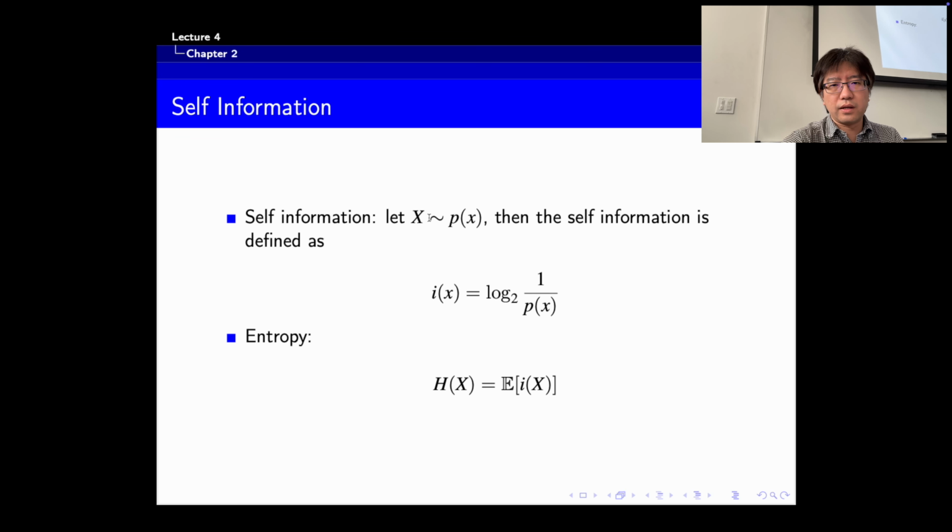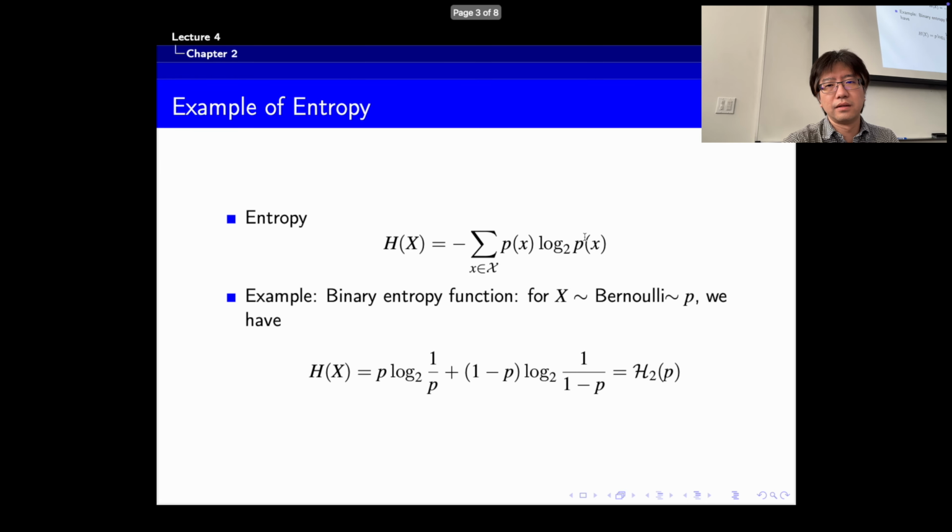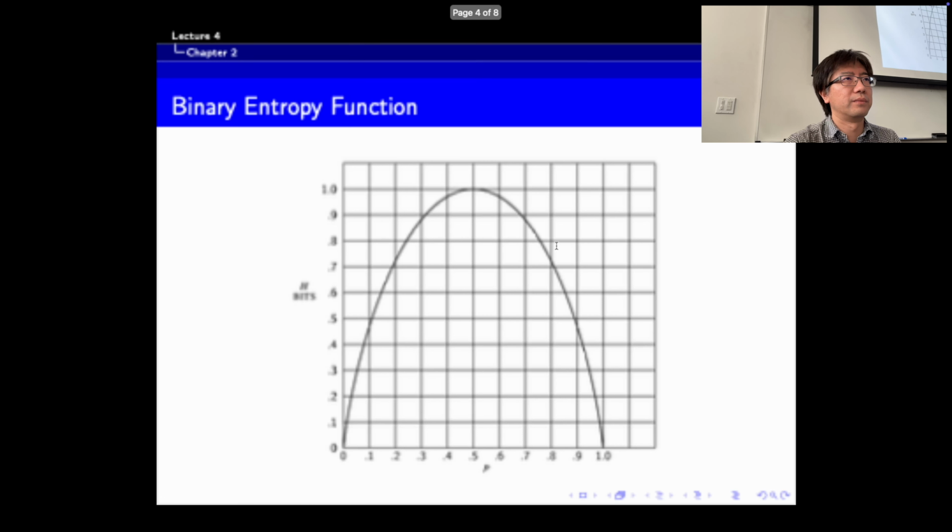All right, then we introduced the definition of self-information. Self-information is nothing but this function, and if we look at it closely, it is this part with a negative sign. Entropy is nothing but the expectation of the self-information.